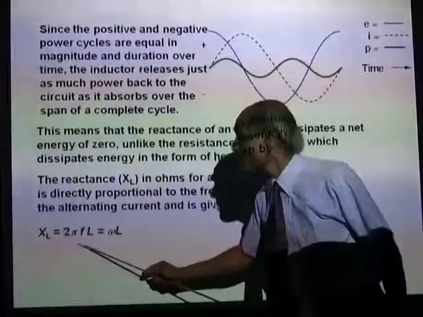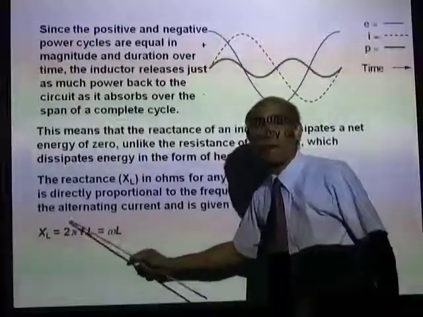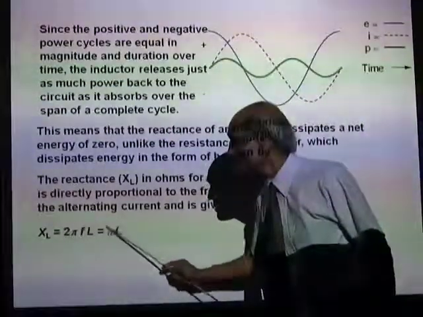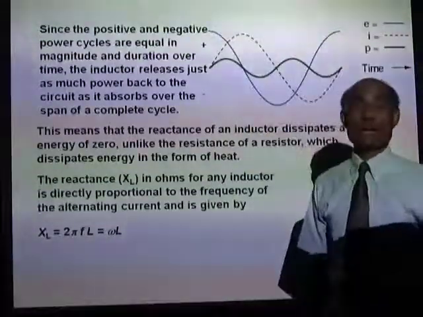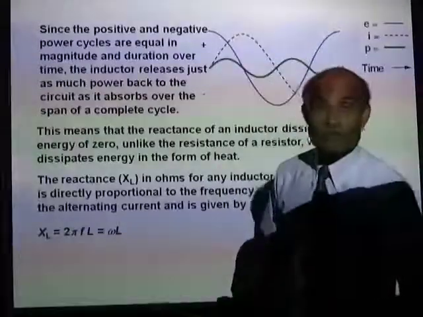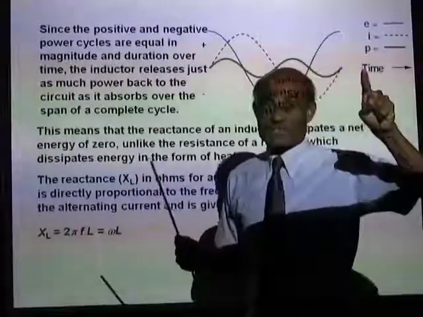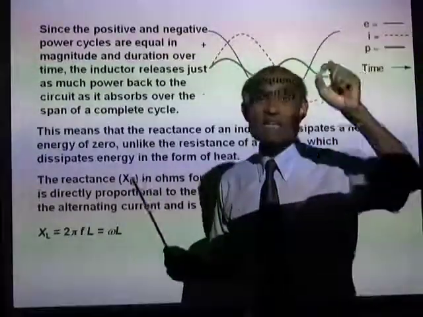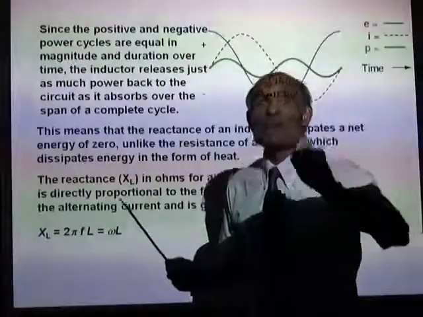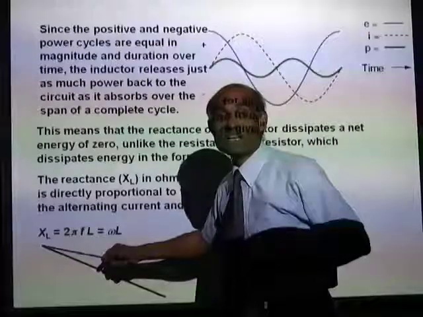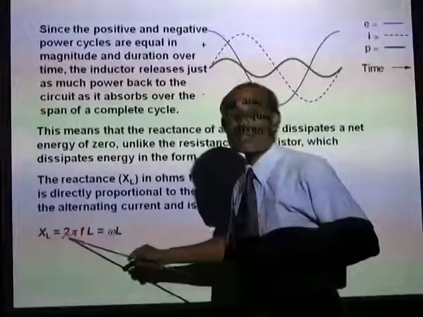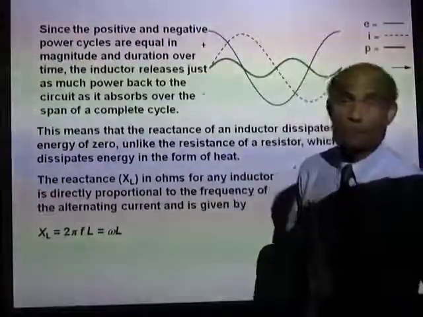XL is 2 pi FL, and since 2 pi F is angular frequency omega, we can also write it as omega L. So, going back to the capacitor, X sub C is 1 over 2 pi FC, whereas for an inductor, X sub L is 2 pi FL.